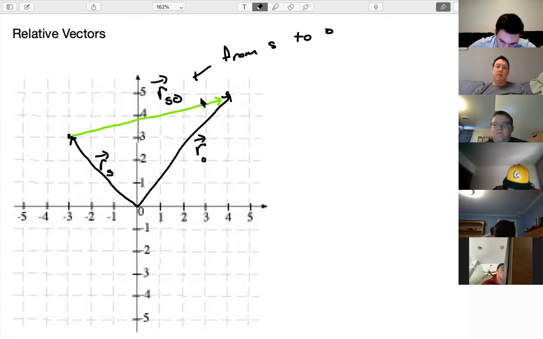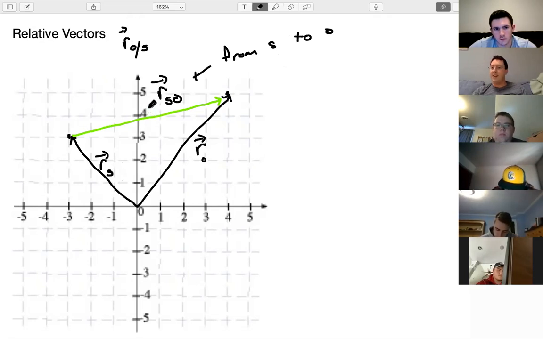This is a little different, I think, in dynamics. For those of you in that course, it's written as RO relative to S. I think that's the notation used in dynamics. Did you use that notation in statics?